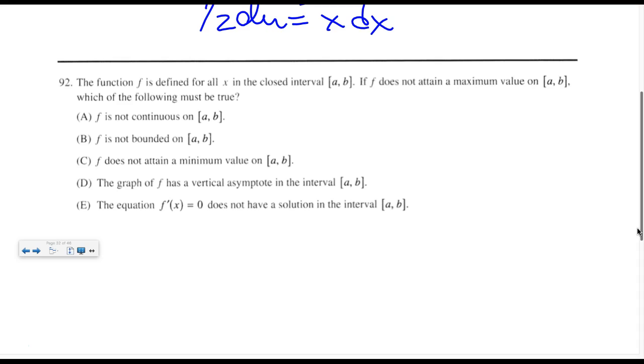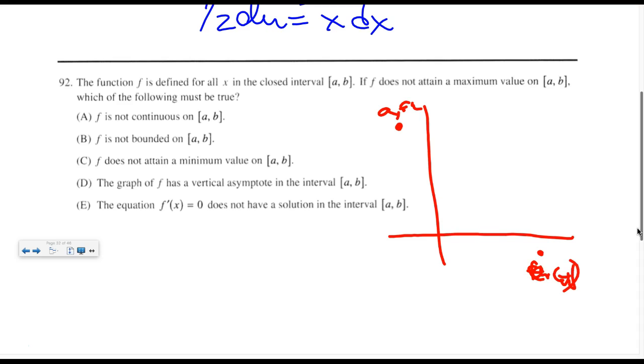Last one is referencing a very obscure theorem way back from when we started working with maxes and mins. A function f is defined, so it has y values everywhere from a to b, if it does not attain a maximum value. So they're saying you have some f of a and some f of b, and you connect them. When you connect them, you don't reach a maximum.